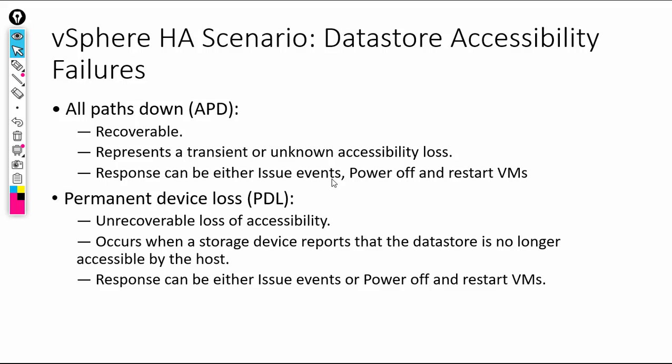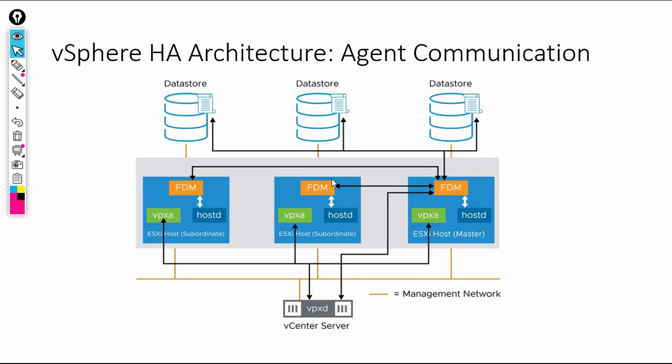So now let's move to the architecture. In this diagram, we have 3 host servers: this is the first one, this is the second one, this is the third one. They have accessibility to the data store, so we can say these are shared data stores. When we enable HA, an FDM service will be started on all the hosts that are members of the cluster.